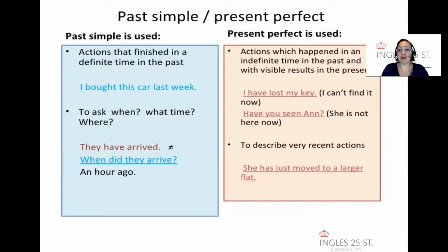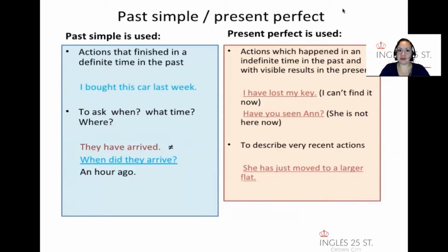I have been looking for her since yesterday, and I'm still looking for her. Also to describe very recent actions: she has just moved to a larger flat. Se acaba de mudar a un departamento más grande. Entonces también para acciones o situaciones recientes.